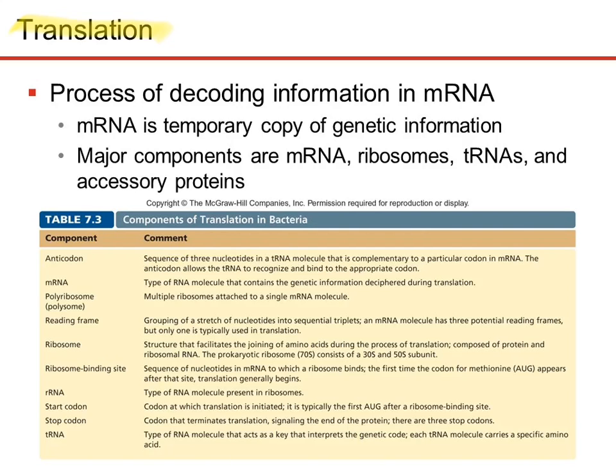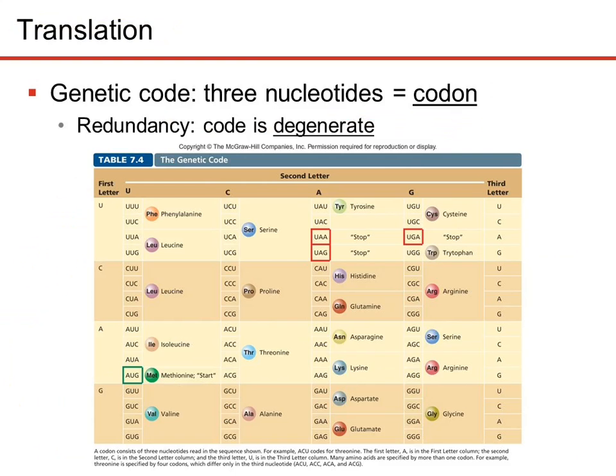Basically, the messenger RNA is a temporary copy of the genetic information back in the chromosome, and it's used to do translation. To do translation, we need messenger RNA, we need ribosomes, we need tRNA, and we need a few accessory proteins that come in and help with this process. Some of those are described here in this table, and you can read through those, but we'll talk about them just a little bit.